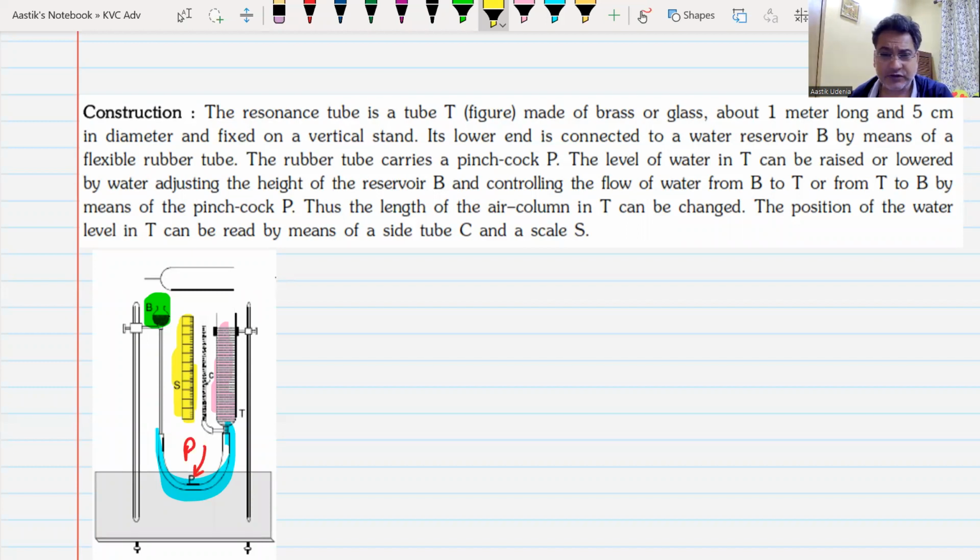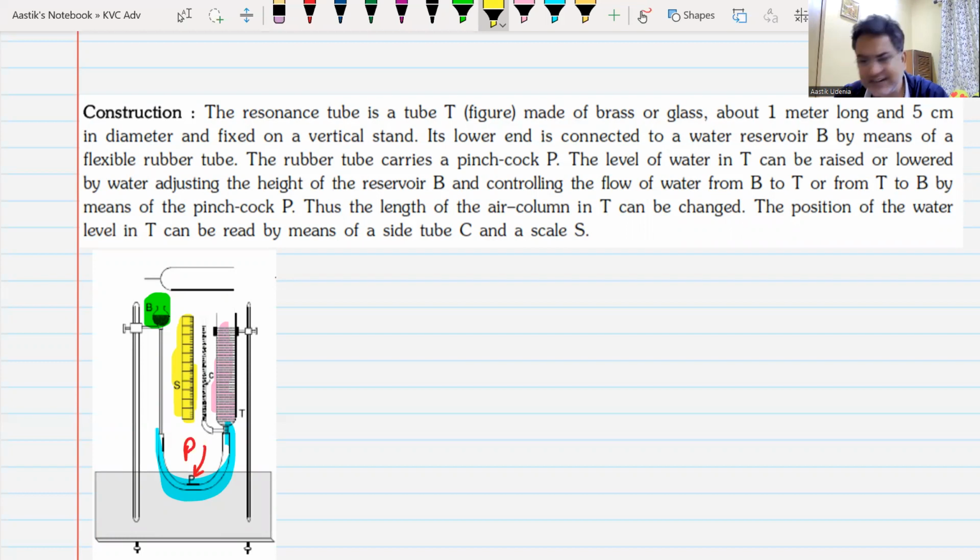So basically what I'm going to do is I can open the valve and I can change the level of water. When I change the level of water, the level of water in the tube is increasing or decreasing. I open the valve, it increases. I close the valve, I can change the level of water.